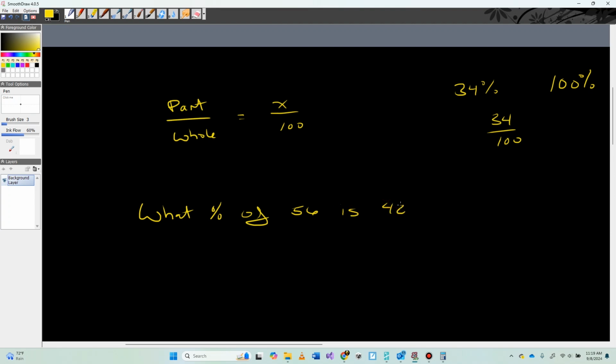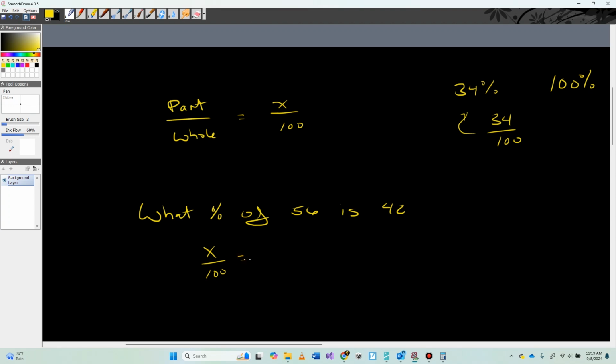First of all, I'm looking for what percent. Well, that percent is this value. X over 100, as we have seen, is a percent.